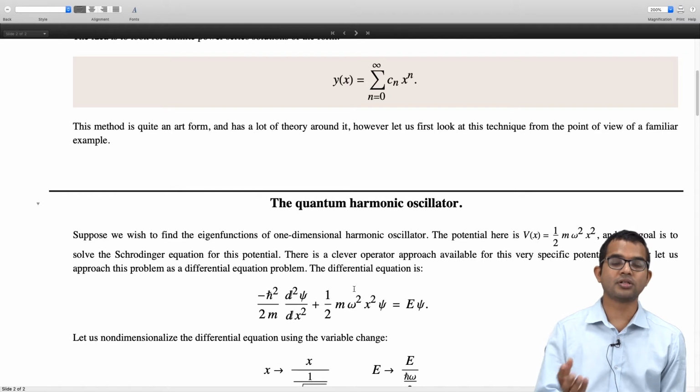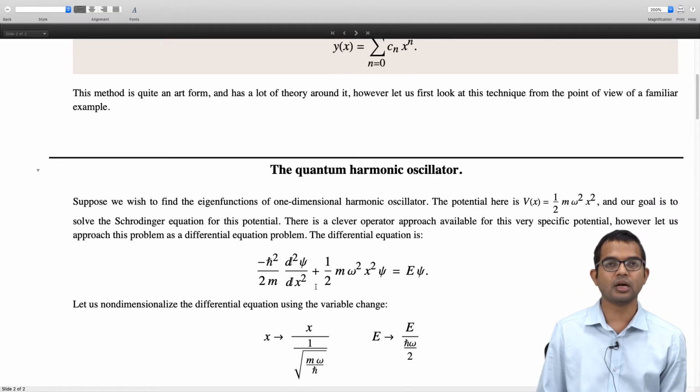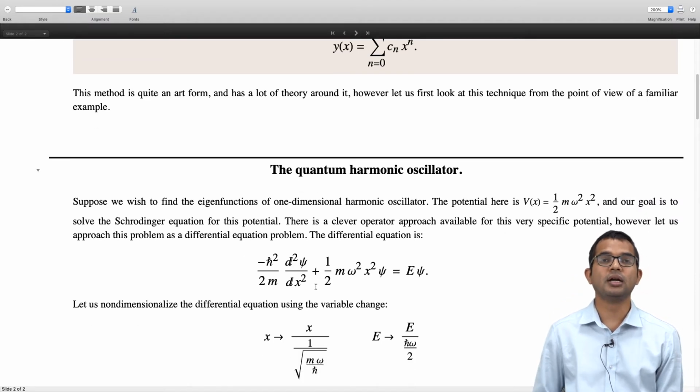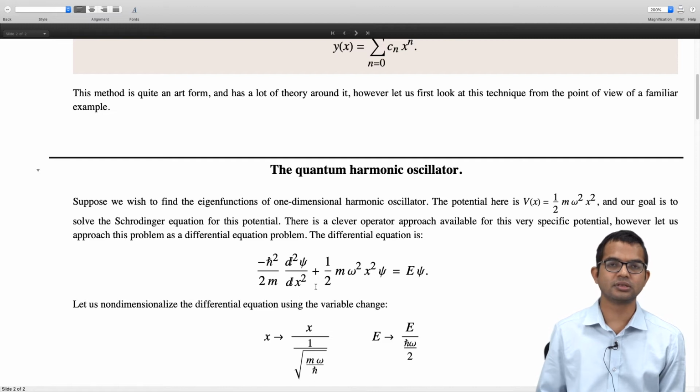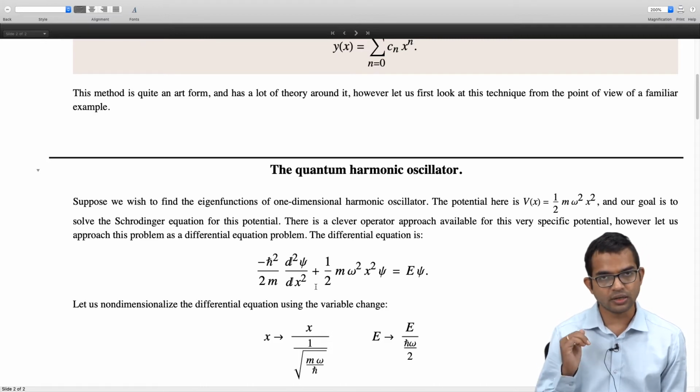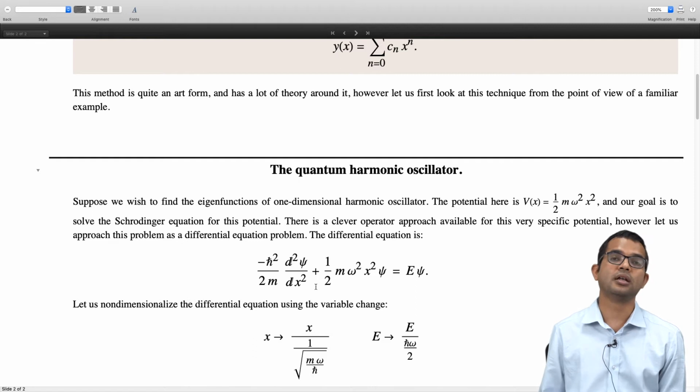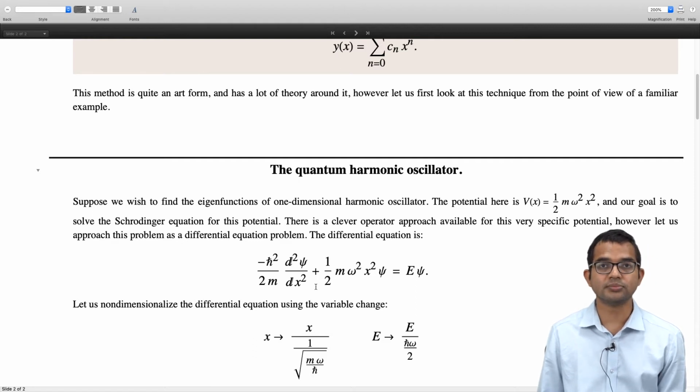But there is also a differential equation way of solving this problem, which is the approach we will describe in detail. This is described, for example, in Griffiths' textbook. Here it's a textbook example of a differential equation and how we can apply the power series method to work the solution out.